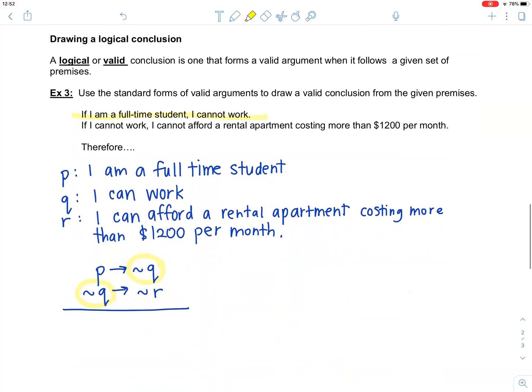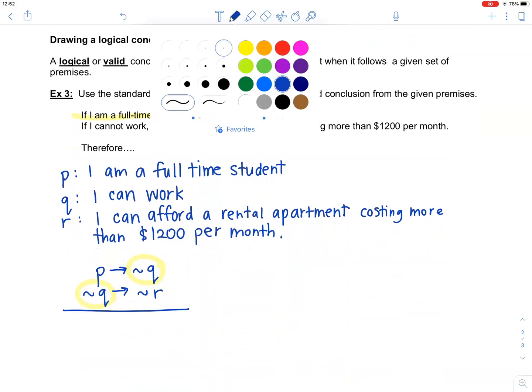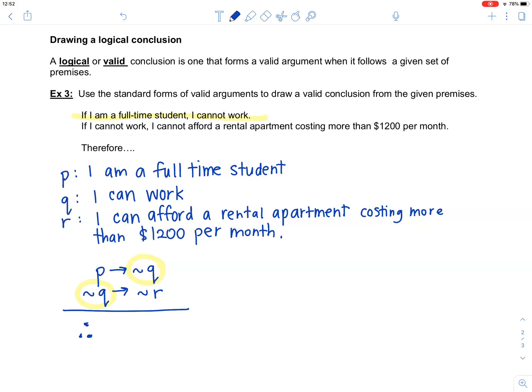So in our example, we could make a conclusion: if P, then not R. The conclusion in words now would be, if I am a full-time student, I cannot afford a rental apartment costing more than $1,200 per month.